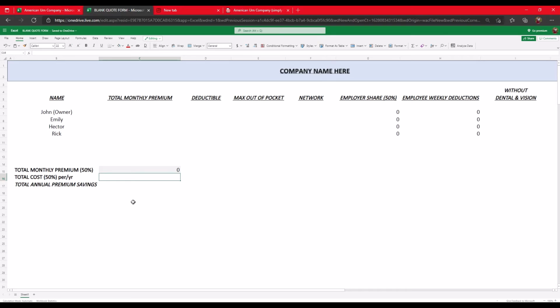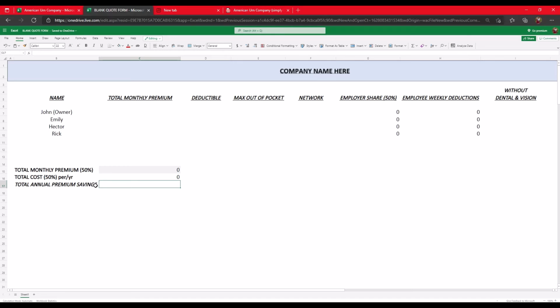Then we're going to take this number here and times it by 12. So equals C15 times 12. Okay.